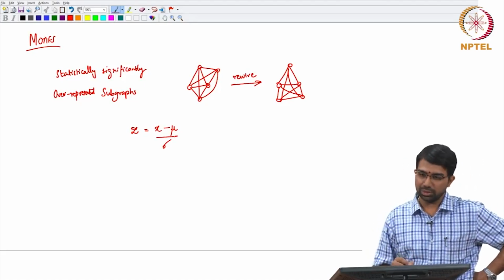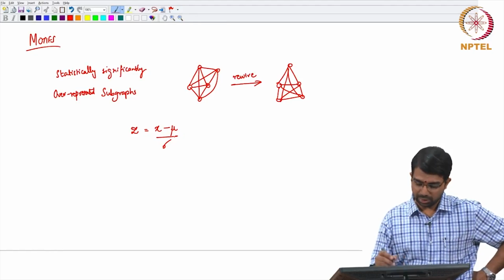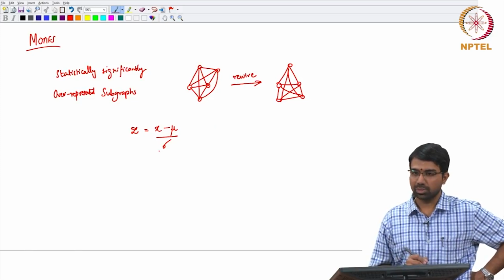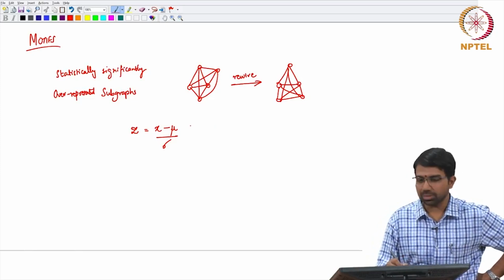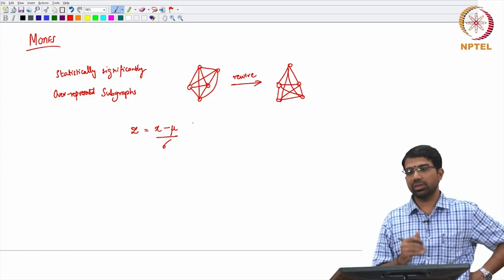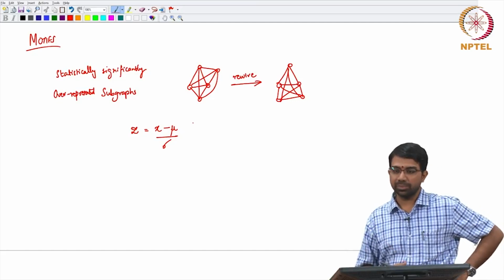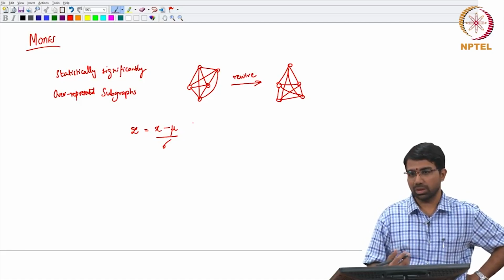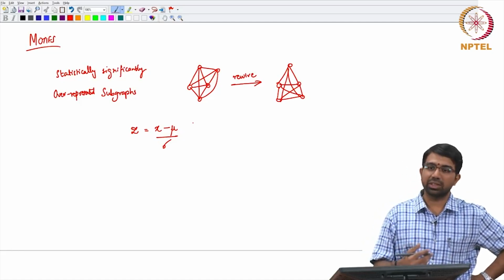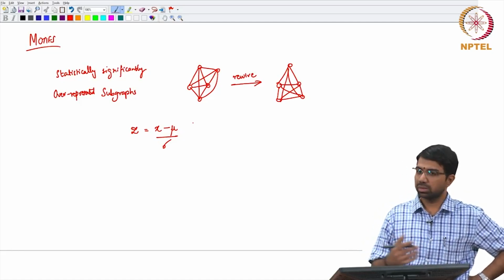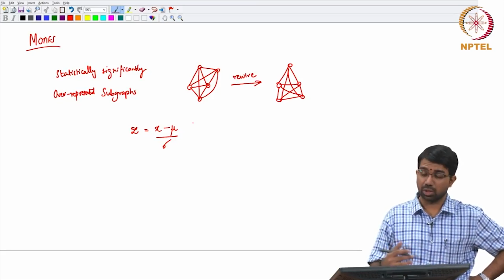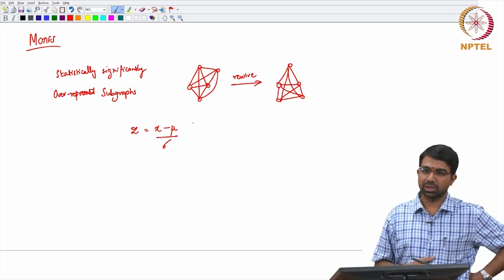You have a population, you take its mean, and you now take a particular observation, you do x minus mu by sigma, and if this is really high, you will find that maybe it is going to be statistically significant, or you can do a parametric test or a non-parametric test, typically a non-parametric test, to try and identify whether your observation, your motif, is statistically significant.